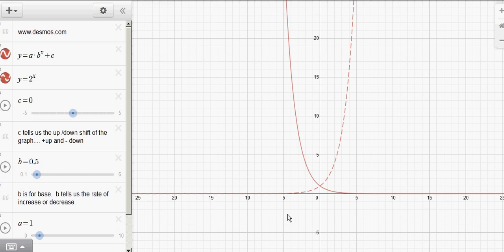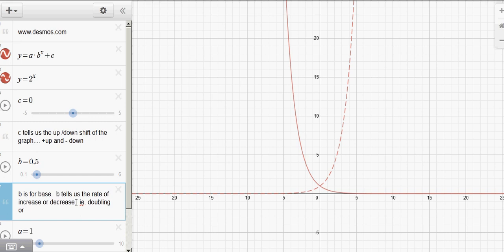Something interesting about the exponential graphs is that with this particular transform they'll never actually reach 0. They kind of level off with what we call an asymptote. It'll keep getting smaller and smaller, but not actually going past 0. So b tells us the rate of increase or decrease, as an example, doubling or halving.